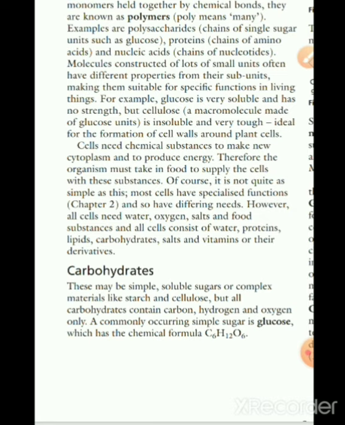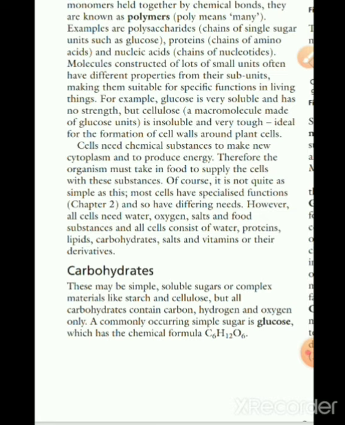Now, the first most important biological molecule is carbohydrates. Carbohydrates are basically called sugary stuff. They could be simple soluble sugars, or complex material like starch, which is insoluble. But all carbohydrates contain the basic elements carbon, hydrogen, and oxygen.